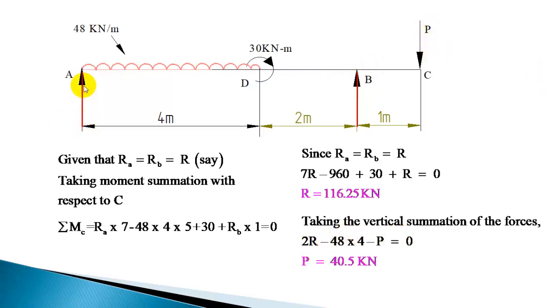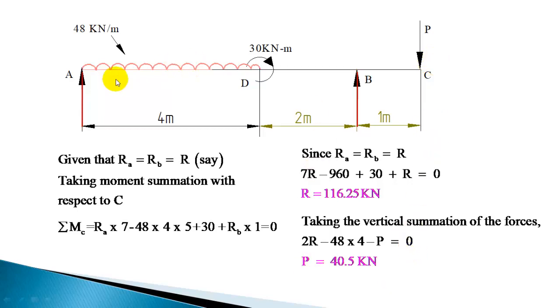So RA plus RB is 2R, minus this UDL, that is 48 into 4, minus P is equal to 0. R is known, so from that you get P as 40.5 kilonewton. So we solved the unknown reactions and the load acting at C.